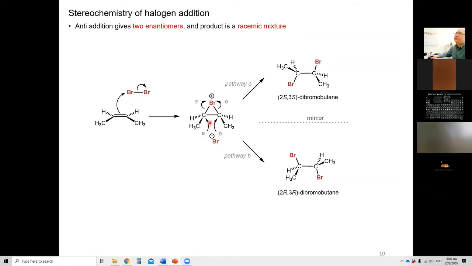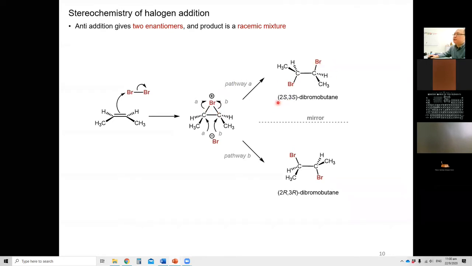Okay, if you add from the left one, the product is Br here. This bond breaks, and this Br is up. Okay, this is 2S,3S dibromobutane. And then if you go through pathway B, which attacks from the right carbon, and this bond breaks, now this C-Br bond will be up here, and the bromide will link from the bottom here.